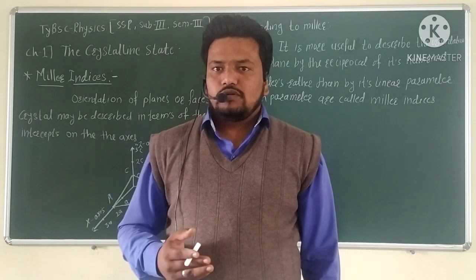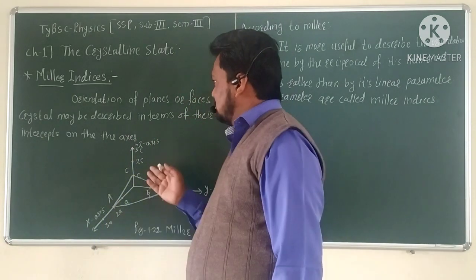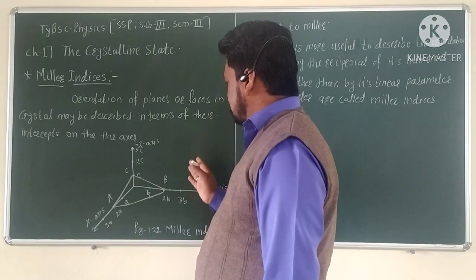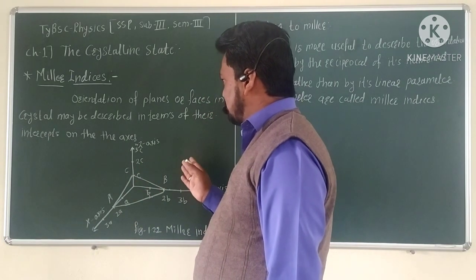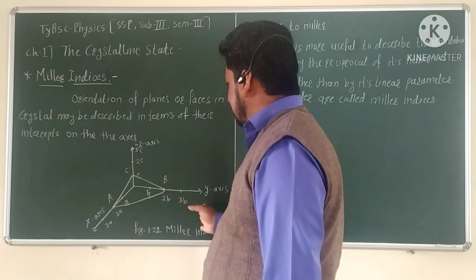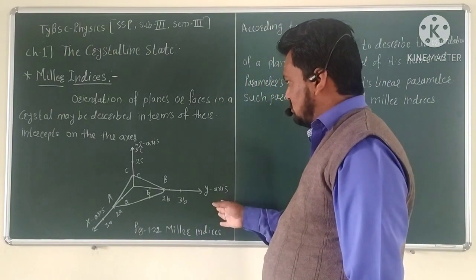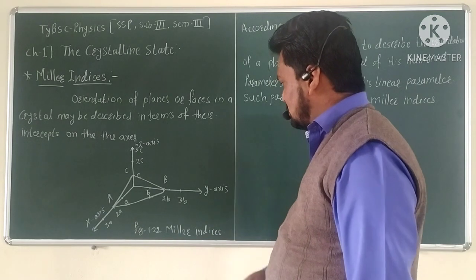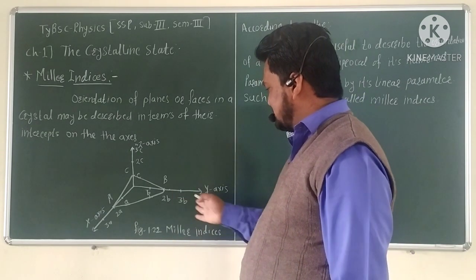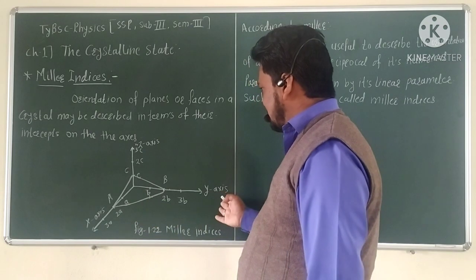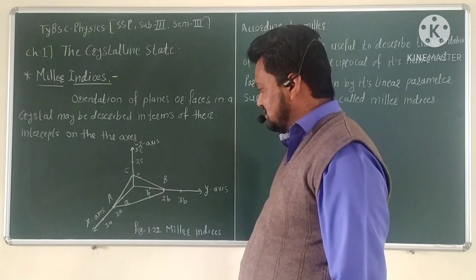So consider the orientations of the plane or faces of a crystal may be described in terms of the three intercepts on the axis. You have to see that this is x axis, this is y axis, and this is z axis.